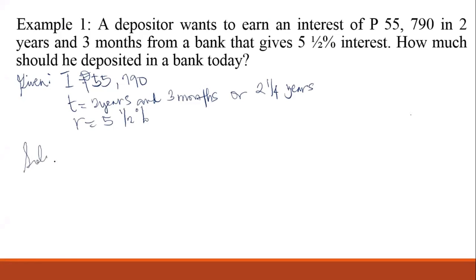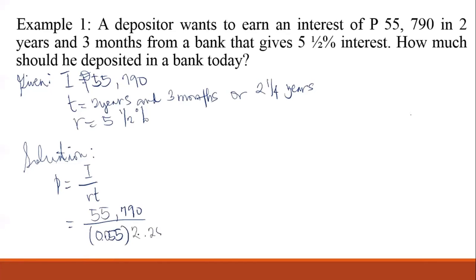So we are going to use the first formula, which is P equals I over RT. Okay, so substitute lang natin yung mga values. 55,790 over yung rate natin na 5.5. So, convert natin sa decimal, 0.055, times 2.25.